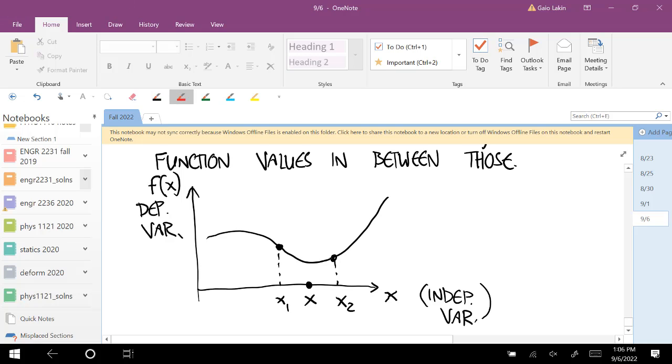It's called linear interpolation because you approximate it by the value of the function in between those 2 points. You assume that the function is linear in between those 2 points. And as long as your points are close enough together, and as long as this function isn't oscillating too fast, you get reasonable approximations.